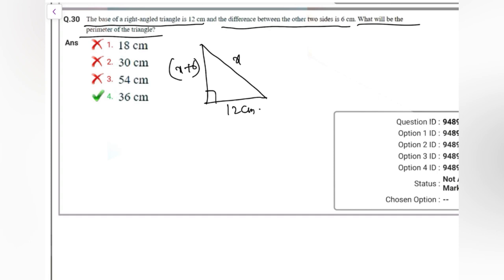So according to Pythagoras theorem, we have p square plus b square is equal to h square.